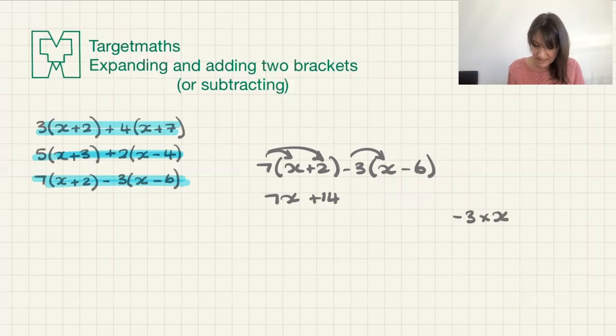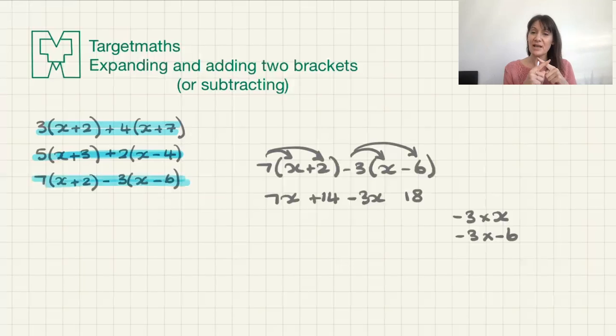Minus 3 times x, that's just going to get squashed together. So I've got minus 3x. And then I've got minus 3 times minus 6. Well, 3 times 6 is 18. And the 2 negatives are making that positive. So I know to put a plus in. Now I can collect up. I've got 7 x's.